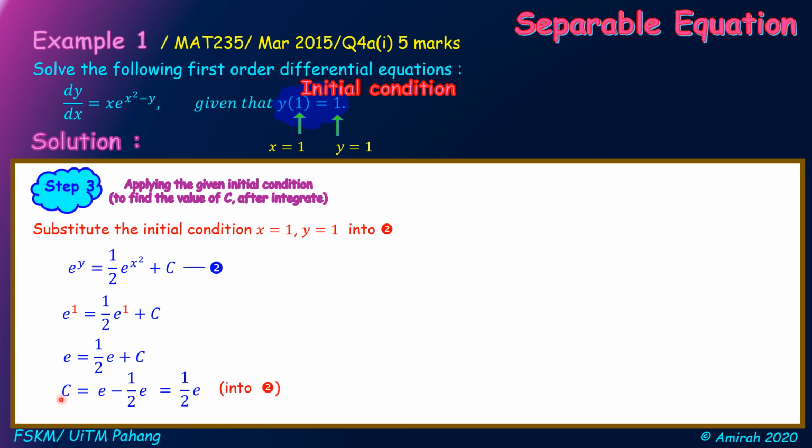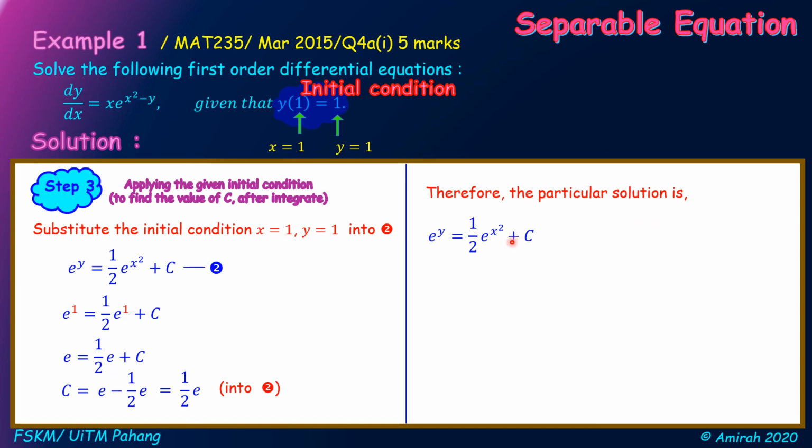After we find the value of c, we substitute back into equation 2. Therefore, the particular solution is, from equation 2, e to the power of y equals half e to the power of x squared plus c. From here, we have c equals half e, so we substitute into c here.